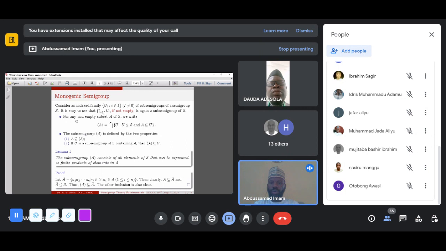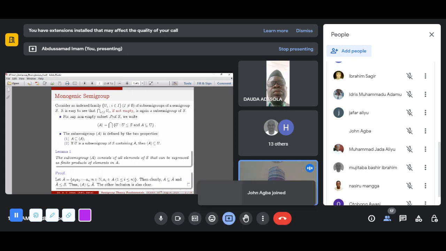So if that is so, one can look at a situation where you pick a non-empty subset A and you consider an entire family of sub-semigroups containing A, that is, a family of sub-semigroups where each and every member of the family has this subset A inside it as a subset.